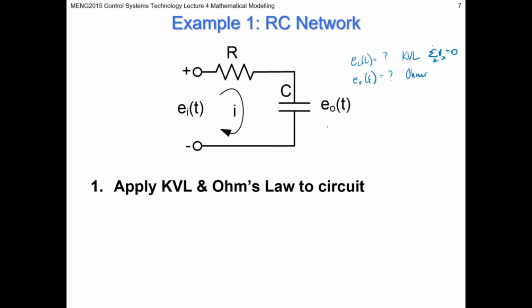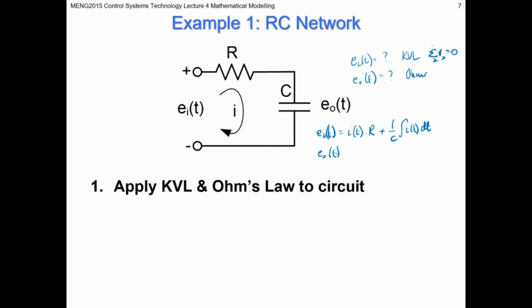So we're going to say that E_I(t) is equal to the voltage drop across our resistor, which is I(t) times R, plus the voltage drop across the capacitor, which is given by 1 upon C times the integral of I(t) dt.